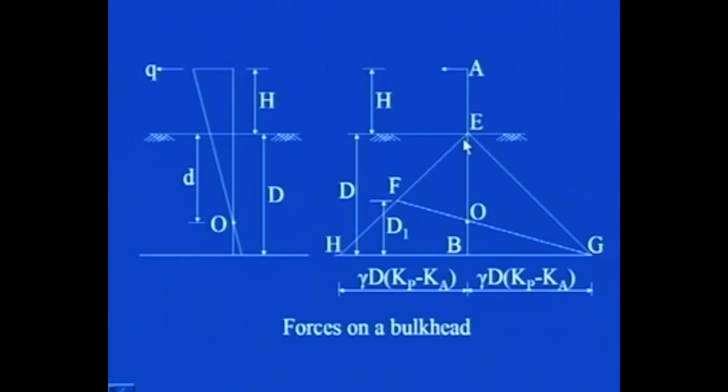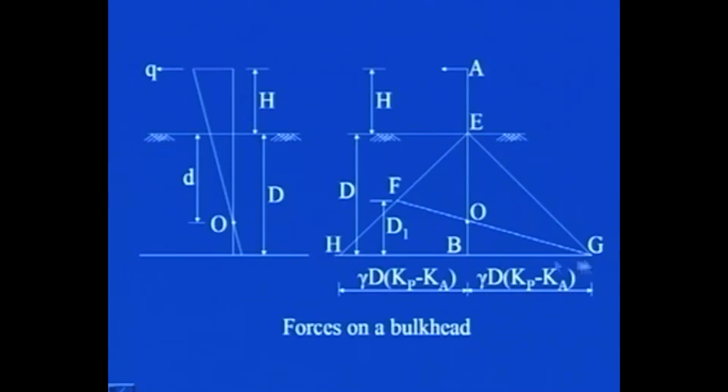So, what is the area of EHB? It is this triangular region, which is half of the base HB into BE, that is, half D into gamma d Kp minus Ka, while the area of FHG is half of the base, that means 2 gamma d Kp minus Ka, because this is also gamma d Kp minus Ka and this is also gamma d Kp minus Ka.